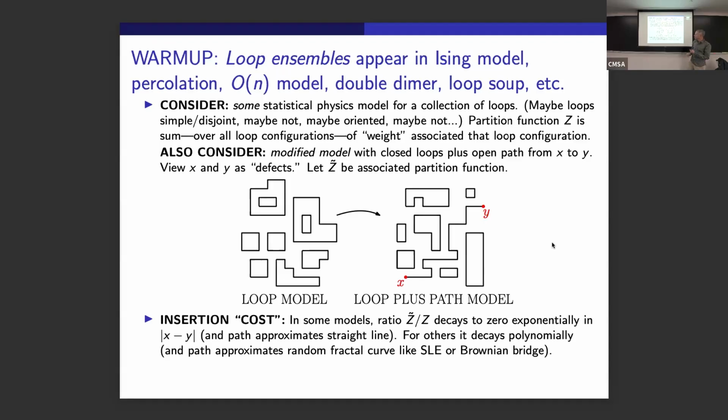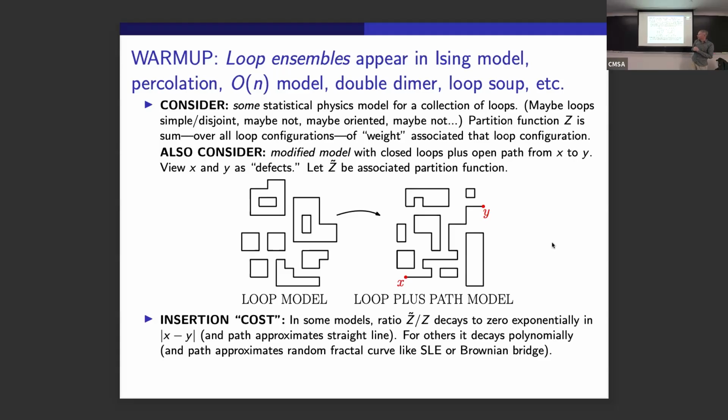In some cases, you can compute a partition function for this model and a partition function for the original model. The partition function for this model is smaller. You can say that there's some sort of cost to putting in those 2 vertices. Maybe the log of that cost would be a measure of how much energy it takes to put in these 2 points and how much energy it would take to pull them apart even further.